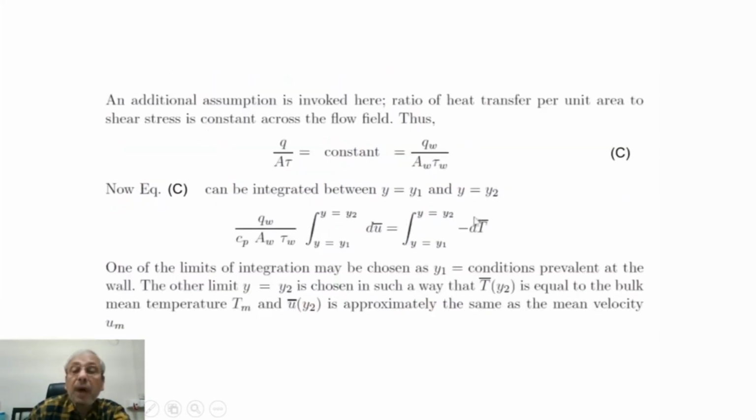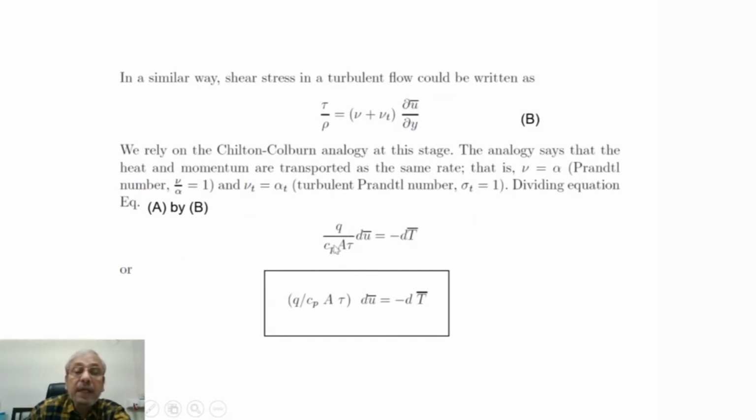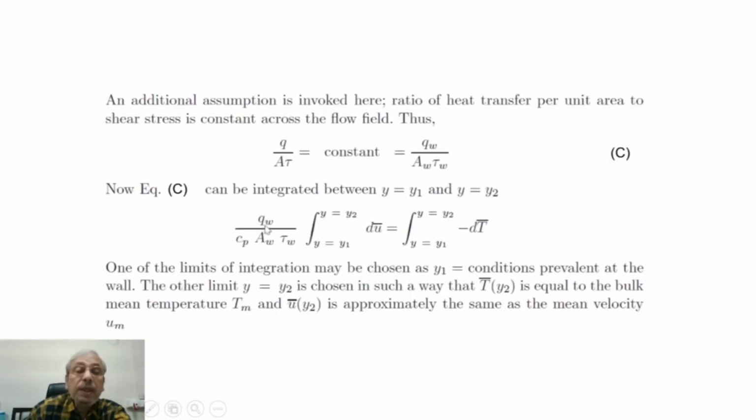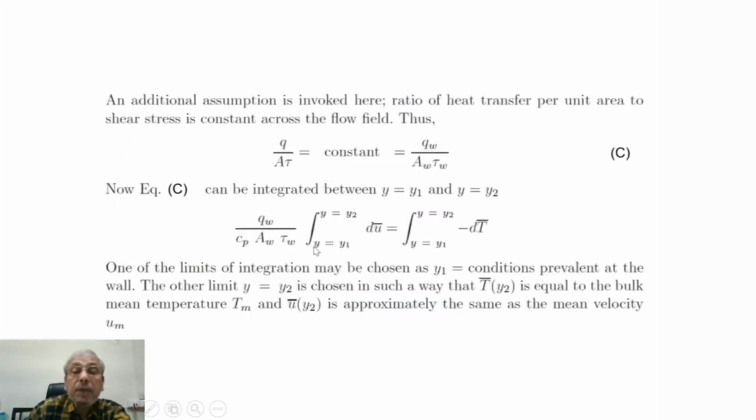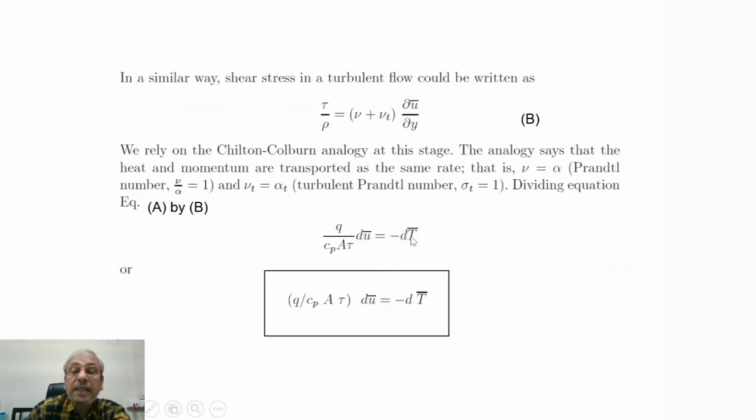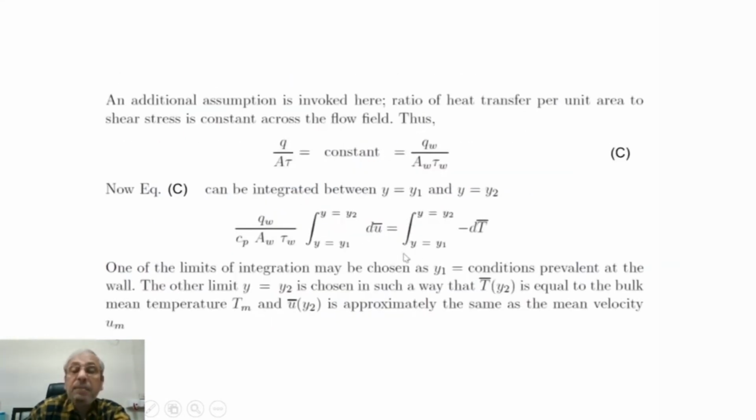So we can write QW divided by CP, AW into tau W, and du bar we integrate between y equal to y1 to y equal to y2. And on the right-hand side, minus dT bar, also integrated between y equal to y1 and y equal to y2.